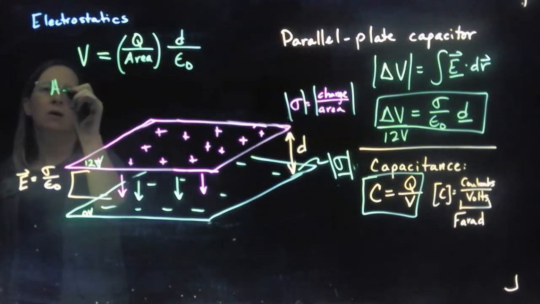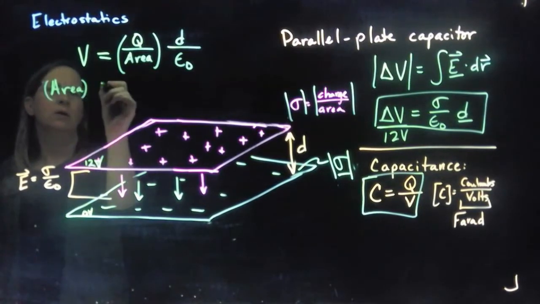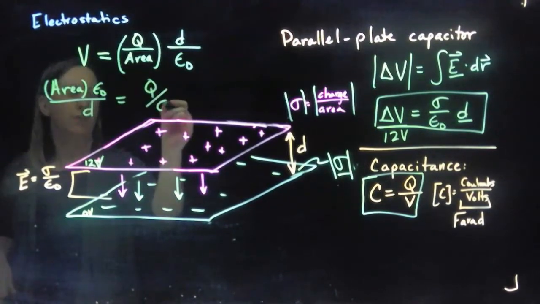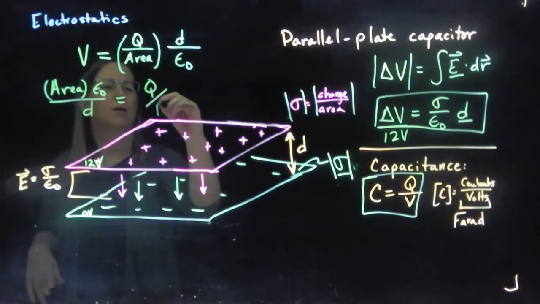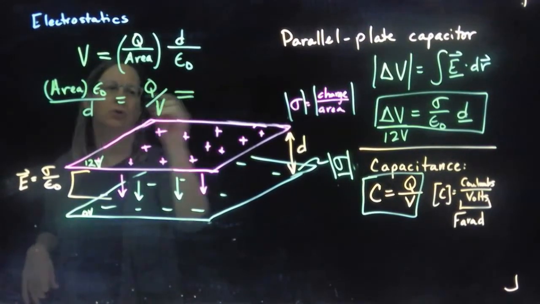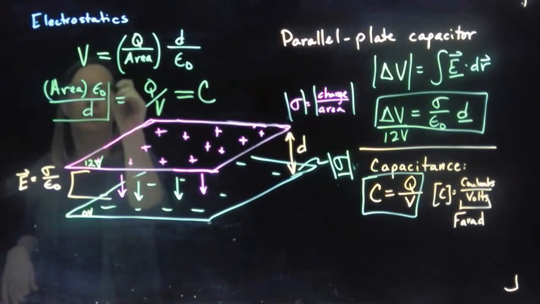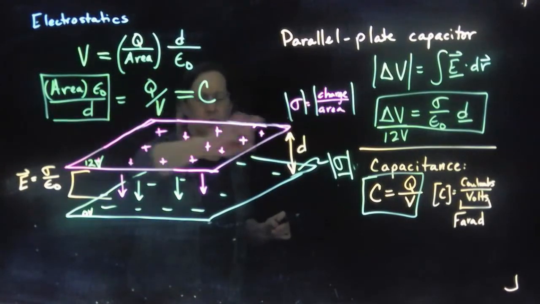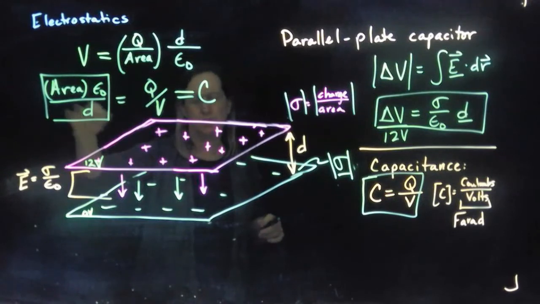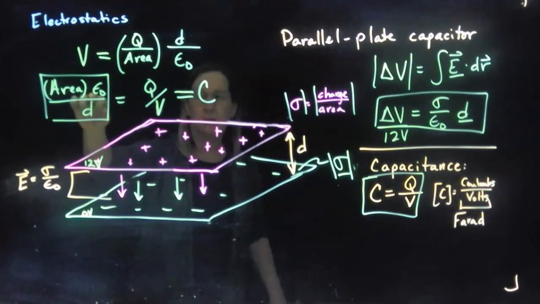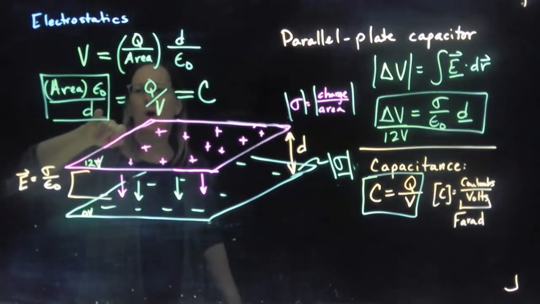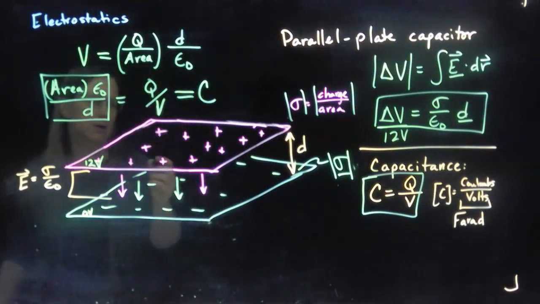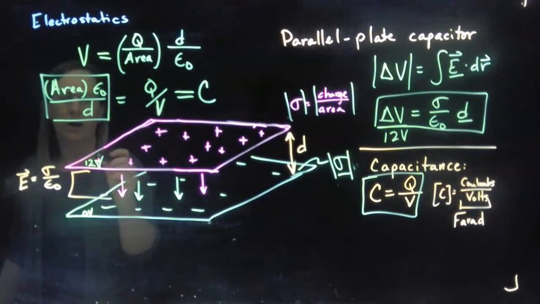So I will have area, the area of the plate, times epsilon naught over D is equal to Q over V. And that is equal to our capacitance, our capacity. Okay, so for a parallel plate capacitor, it's the area of this whole plate, which in your book you'll just see as A, times whatever this constant is, this 8.85 times 10 to the minus 12, over the distance of the plate.